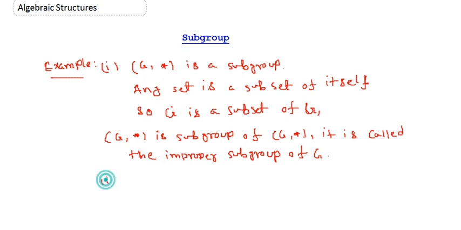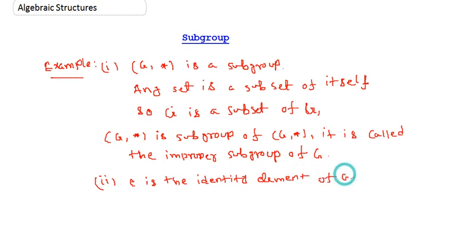Next, it's always there: if E is the identity element of G, then the set containing the identity element with the same composition.